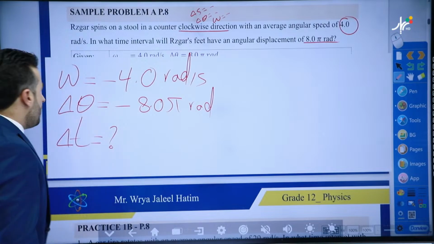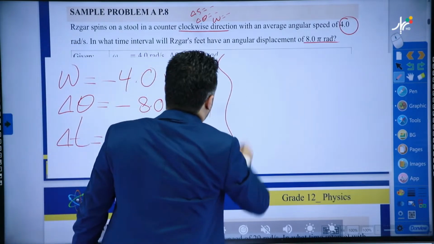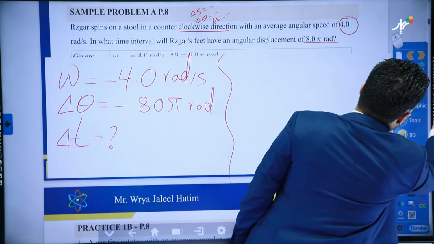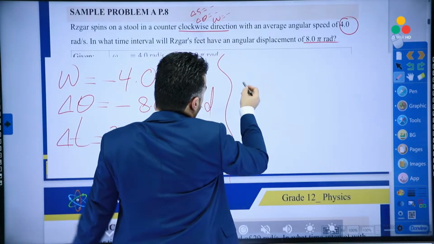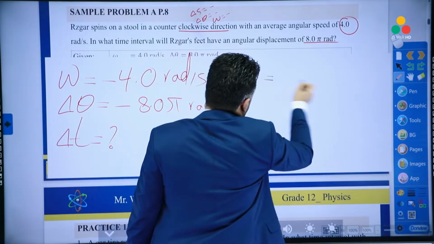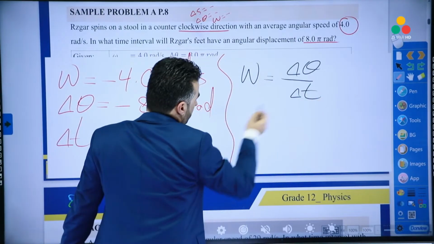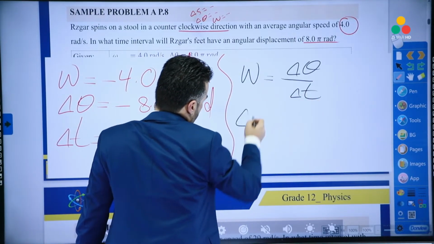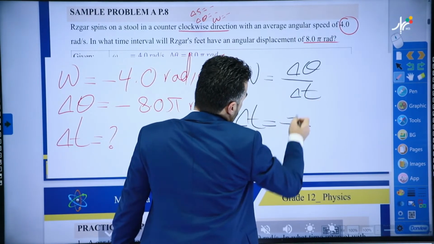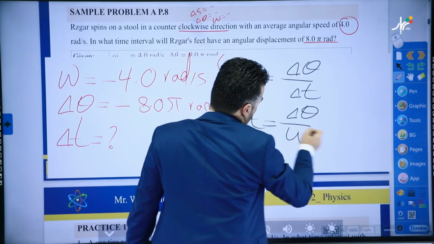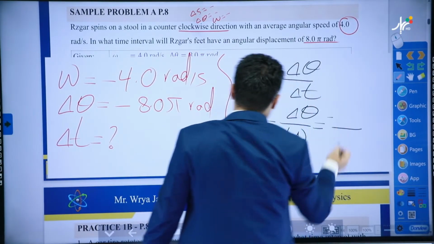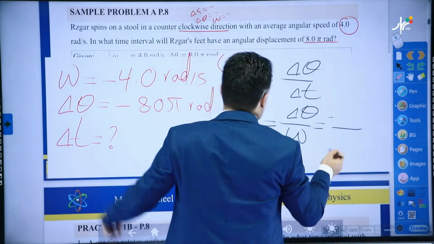All right, so how to find this? We know that angular speed is equal to, of course, change in angular displacement divided by delta t. Find delta t, of course, you can swap this too. So delta t equal to change in angular displacement divided by angular speed. In this case, these are both negative.